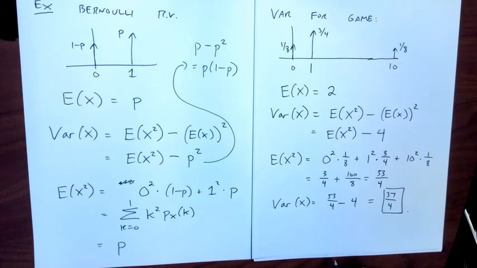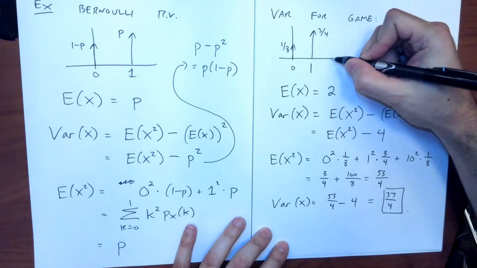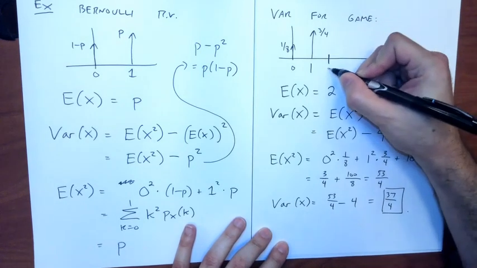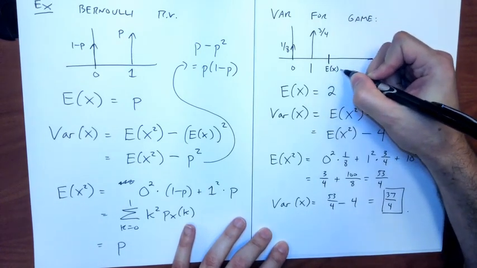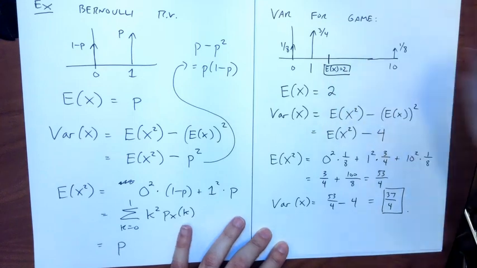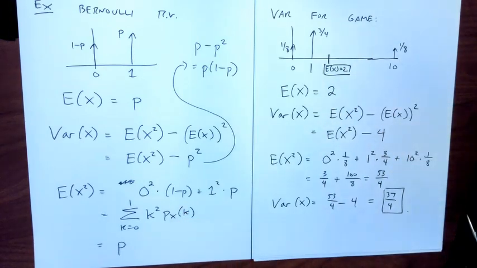Okay, so that's one way to do it. I kind of plug and chug, crank it through. Another way that I like to think about it is that, remember, this 2 is where I found my expected value to be originally.